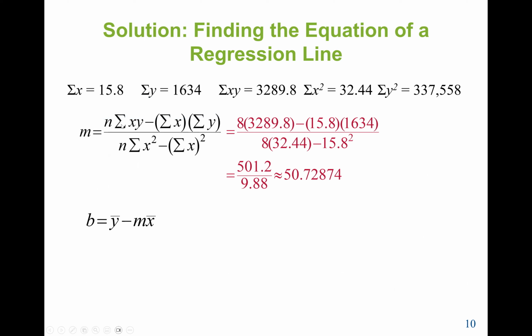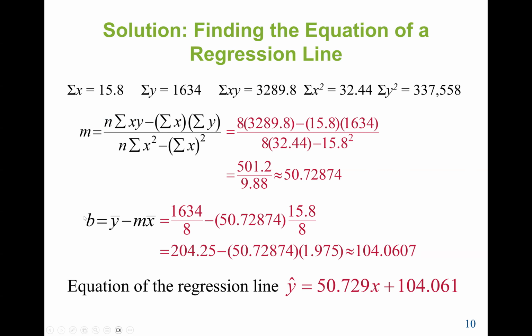We have n times the sum of xy minus the sum of x times the sum of y, divided by n, which is 8, times the sum of x squared minus the sum of x, squared. And that gives us 50.72874. Then we can find the y-intercept.